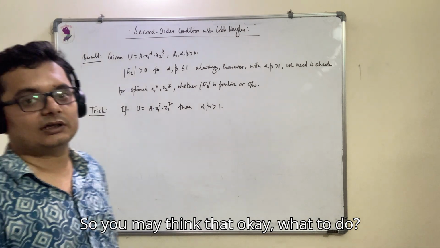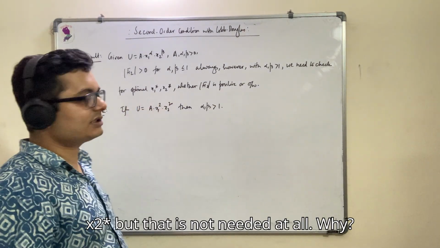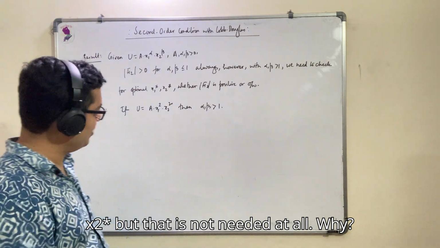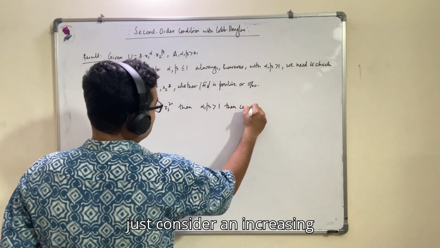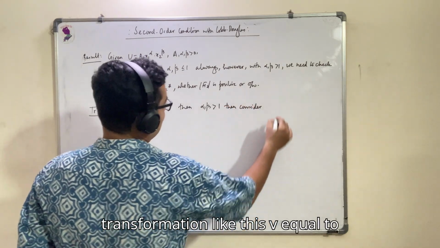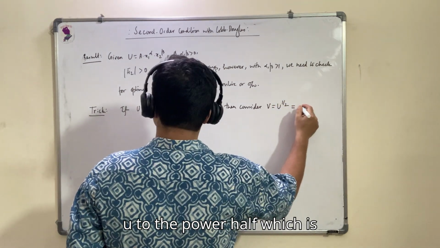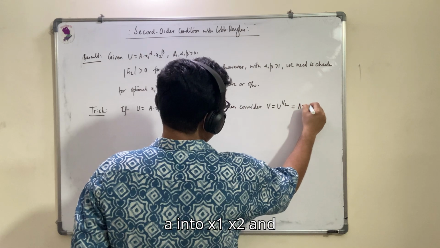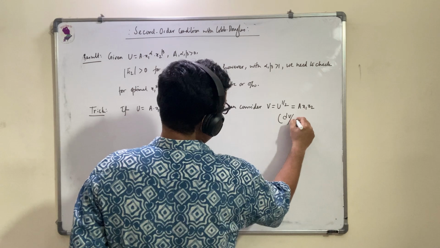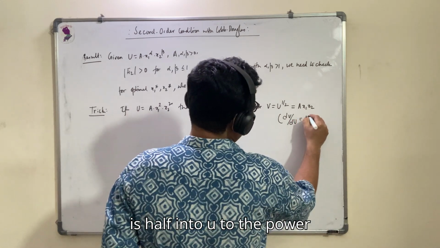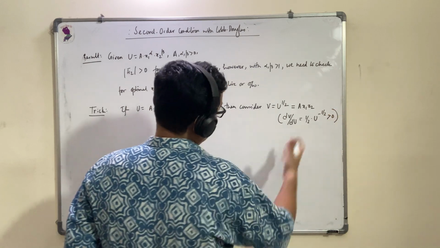So you may think that, okay, what to do? We have to check by putting x1 star, x2 star, but that is not needed at all. Why? Because then just consider an increasing transformation like this, v equal to u to the power half, which is a into x1 x2, and here dv du is half into u to the power minus half, which is positive.